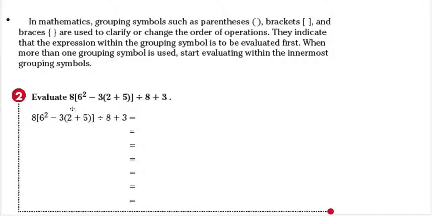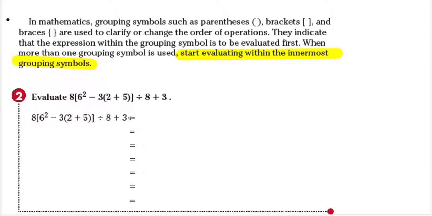We want to evaluate 8 times bracket 6 squared minus 3 times quantity 2 plus 5 close quantity close bracket divided by 8 plus 3. Copy the entire problem in your notebook. When more than one grouping symbol is used, start evaluating within the innermost grouping symbol first.